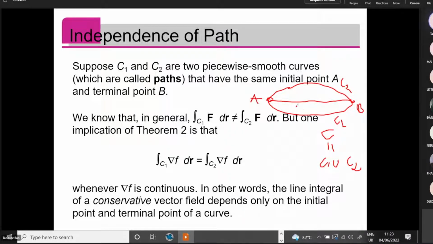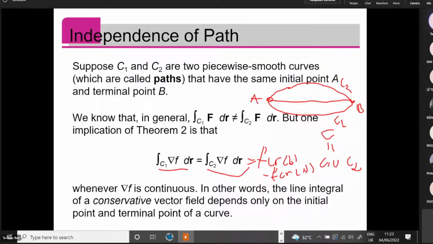Now, in general, the integral of F on C1 and the integral of F on C2 are just different. However, when F is conservative, meaning F is the gradient of f, then in this case the integrals on C1 and C2 are the same, because each is equal to f(r(b)) minus f(r(a)).